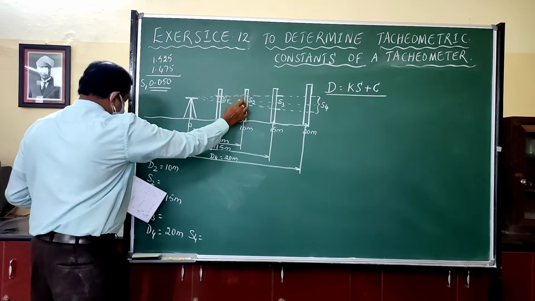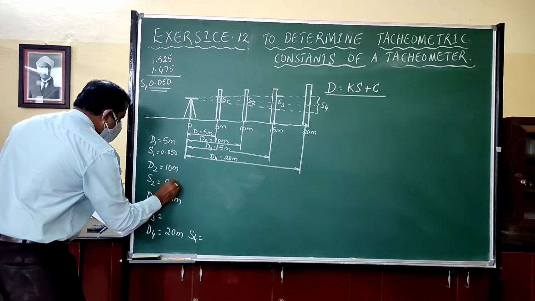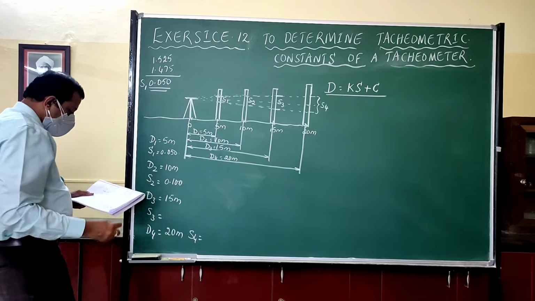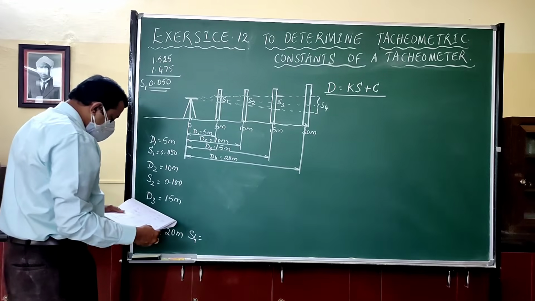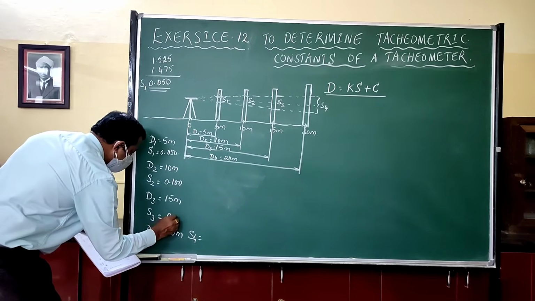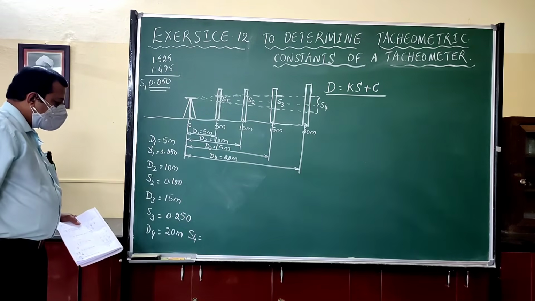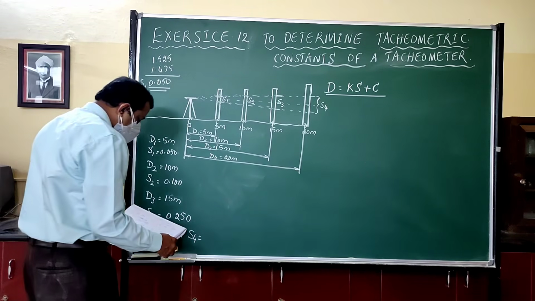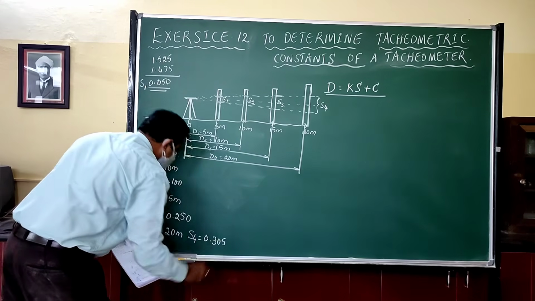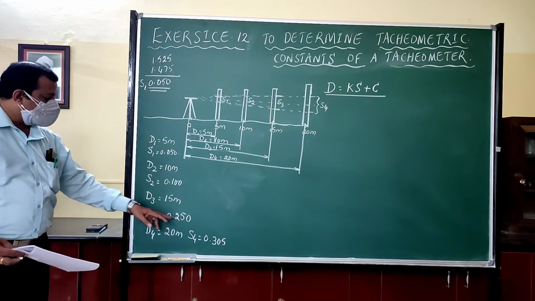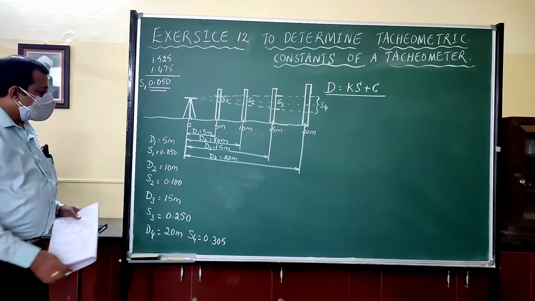Similarly, S2, the staff intercept at station 2 is 0.100 and the staff intercept at station 3, S3 is 0.250 and staff intercept at station 4 is 0.305. These are the staff readings at different stations, right?